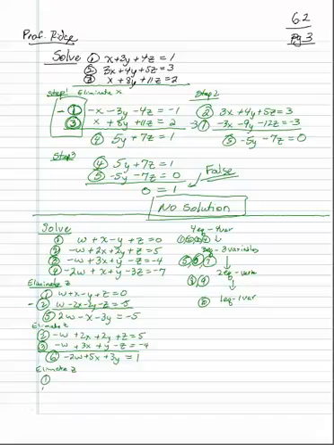So 1 and 4. And we got 3z, so we got to multiply it by 3. So we got 3w plus 3x minus 3y plus 3z. 3 times 0 is 0. Equation 4 we leave alone. Plus x plus y plus 3z equals negative 7.